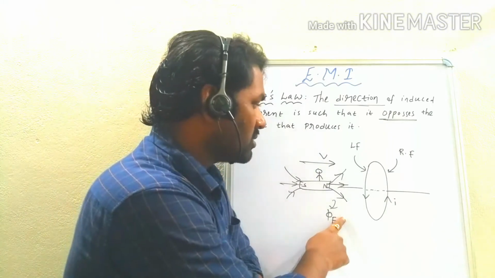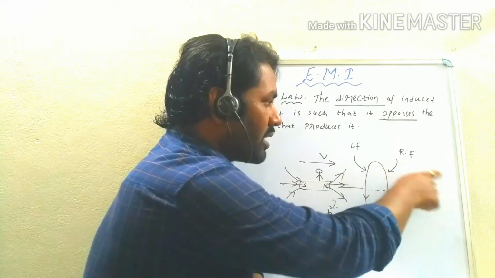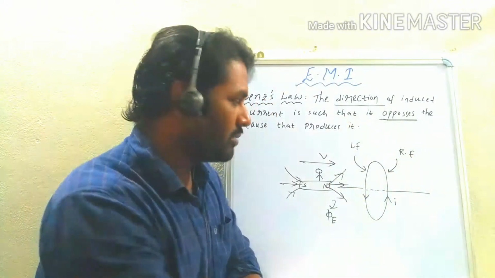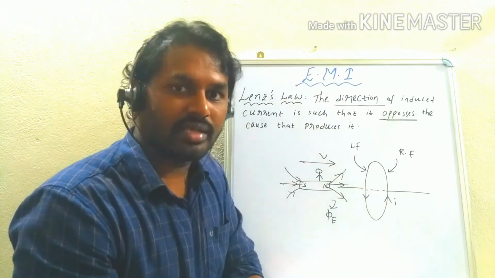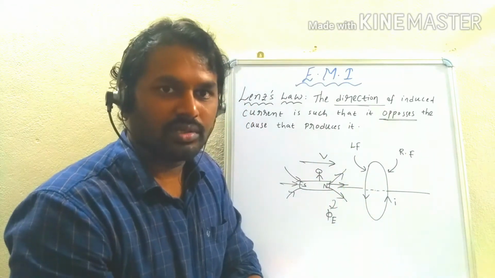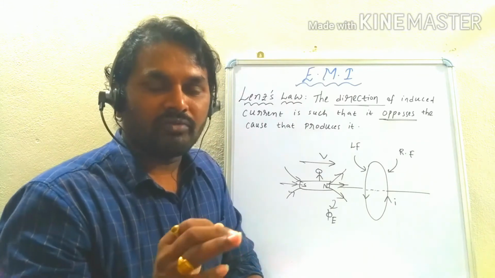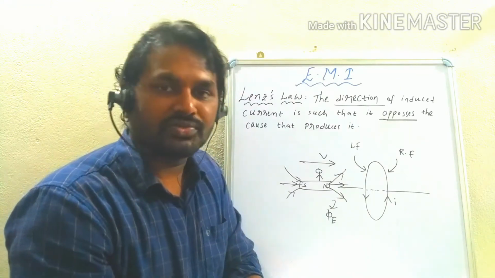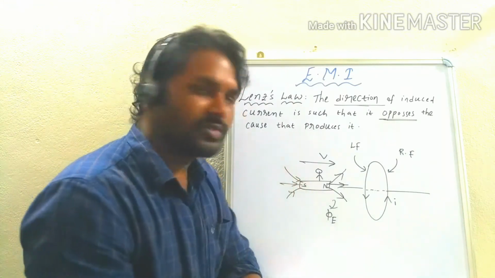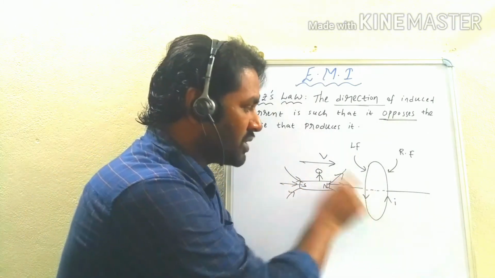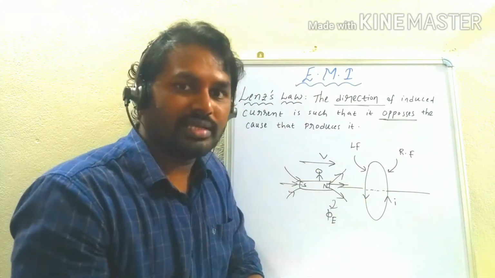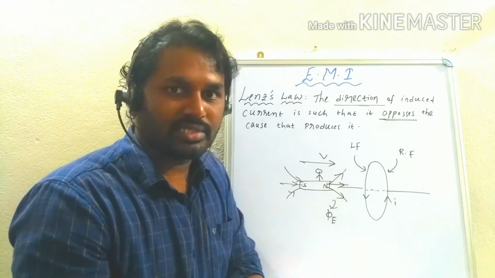Suppose the same person is standing at the right face of the coil; for him the direction appears clockwise. So be careful from where we are taking the observations. With respect to this person, the induced current set in the coil is in the anti-clockwise direction.